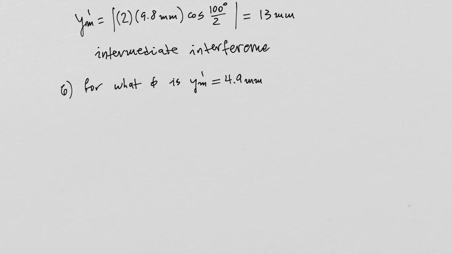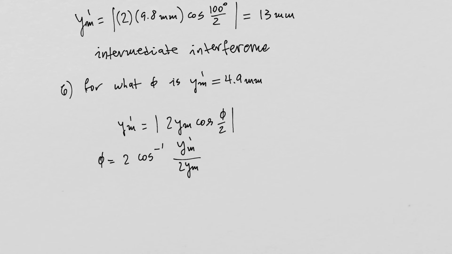Basically, this is a general question that allows us to figure out the phase difference between two interfering waves when we know the amplitude of the resultant wave. So again, I'm going to use the same formula as before. ym prime is equal to the absolute value of twice ym cosine of phi divided by 2, and I'm going to solve for phi here.